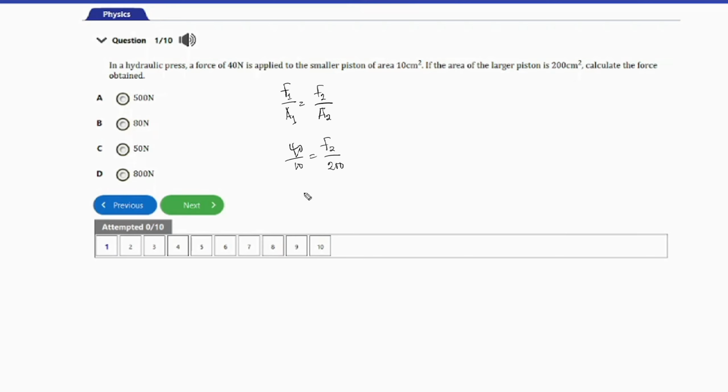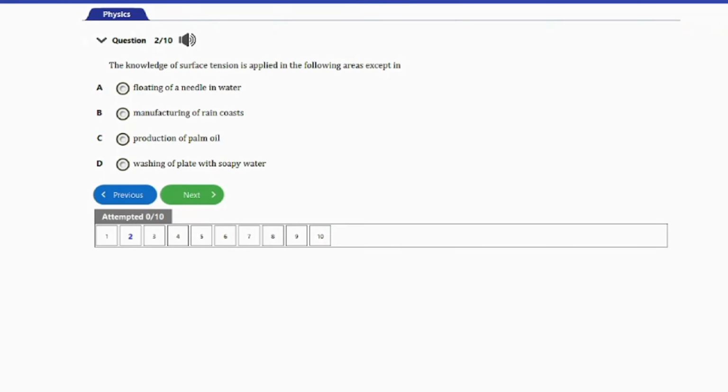So if we collect the like terms, we're going to have 40 times 200 over 10. So guys, if we divide this, we're going to have 800 newtons, and that's option D here. So guys, that's it for this question. Let's go ahead and consider the next question. So that's question number 2 here.